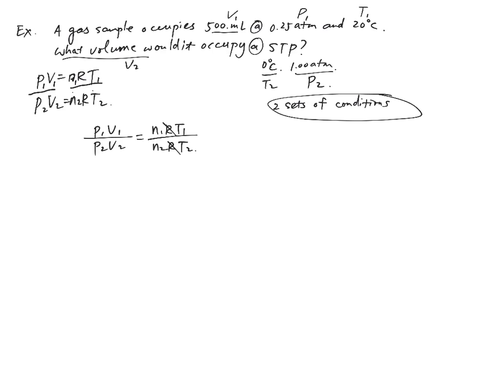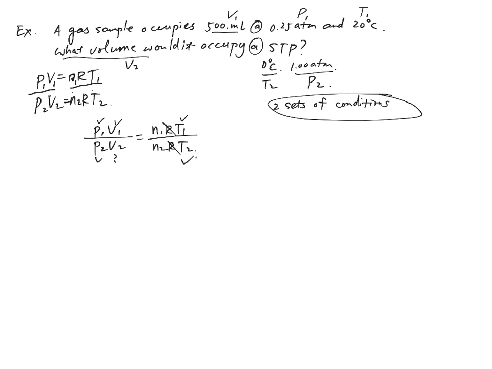Now, P1 I do have. V1 I do have. I don't have N1, but I do have T1. P2, I have that, 1 atmosphere. V2 is what I want, and I do have T2. And you go, well, you don't have N1 and N2, you can't solve this. Wait a second, what's N1 and N2?